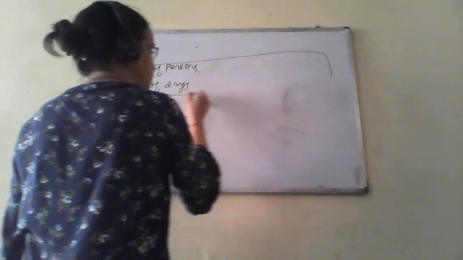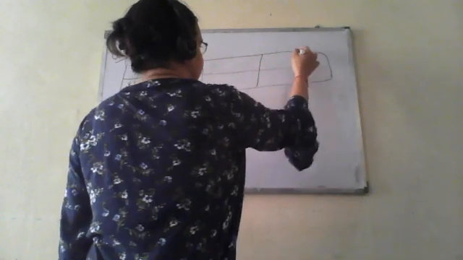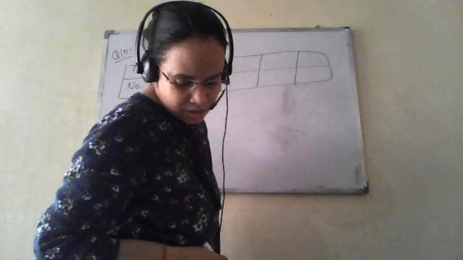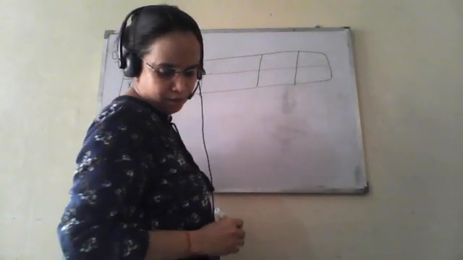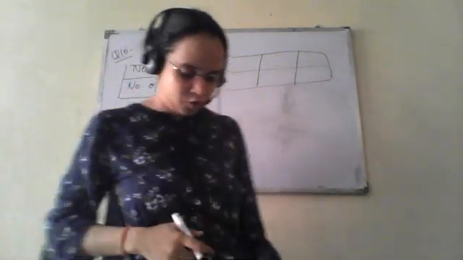In the first case, two persons could fit a window in 3 days. Two persons and 3 days. Now what does the first part say?